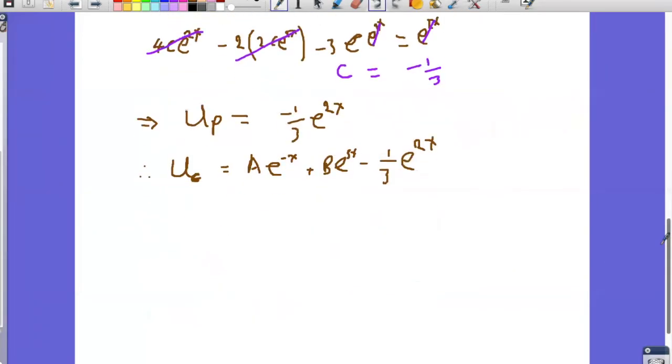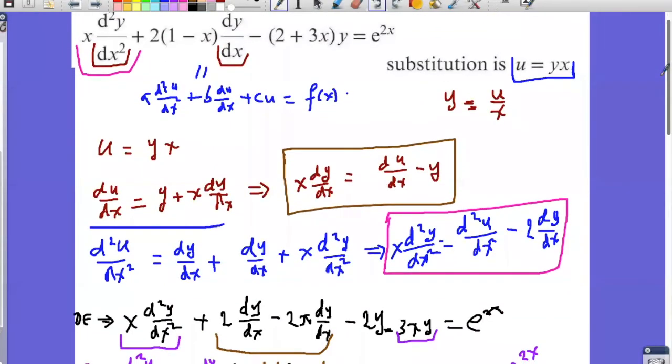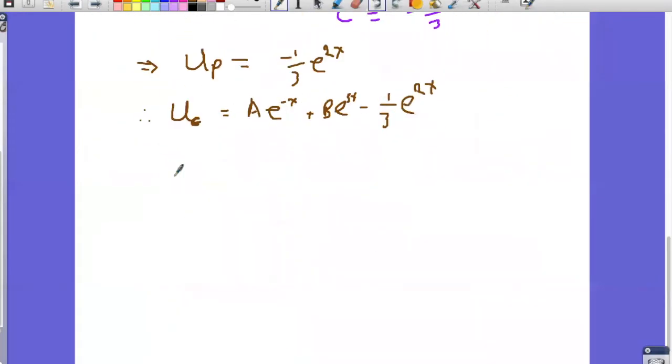Should we end here? No. We have to transform u back to y. u is yx. So we have to come back here and write it as y times x is equal to a e raised to the power -x plus b e raised to the power 3x minus 1/3 e raised to the power 2x.